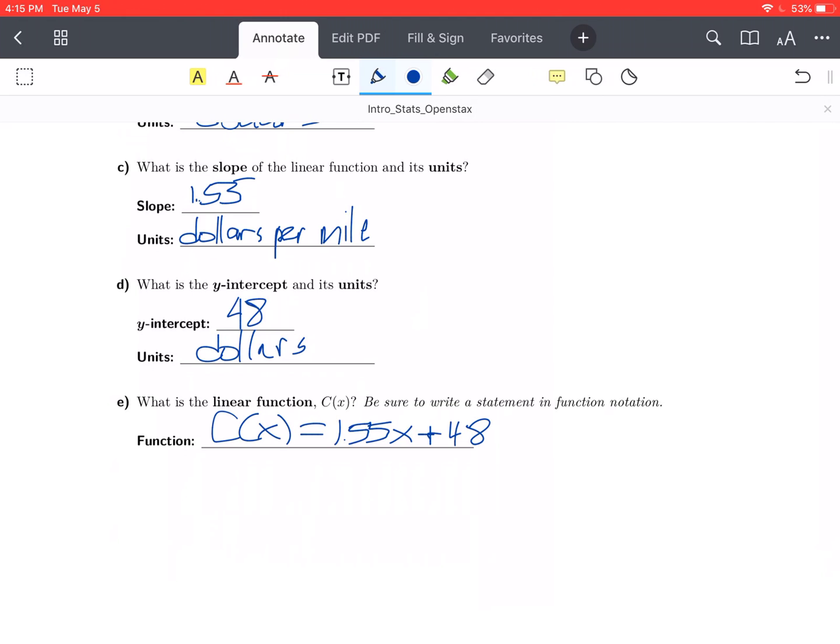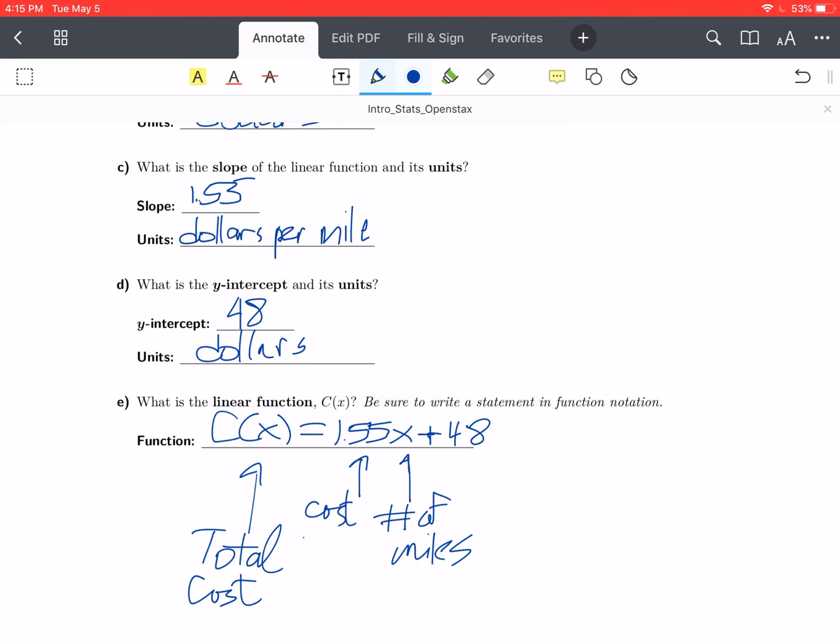Again, this gives us the total cost: the number of miles times the cost per mile, and then our initial cost.